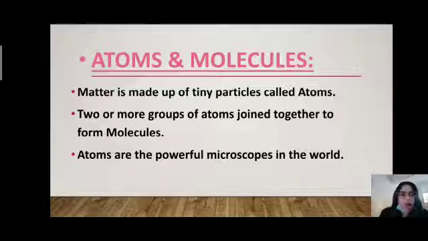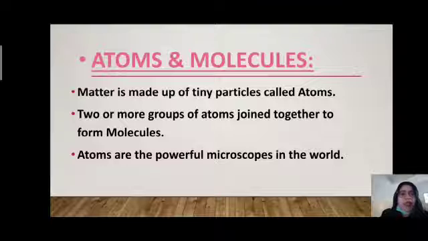As I have told you, matter is anything that occupies space and has weight. The other definition of matter is that it is made up of some tiny particles, and those tiny particles are called atoms. Two or more atoms, when joined together, form molecules.